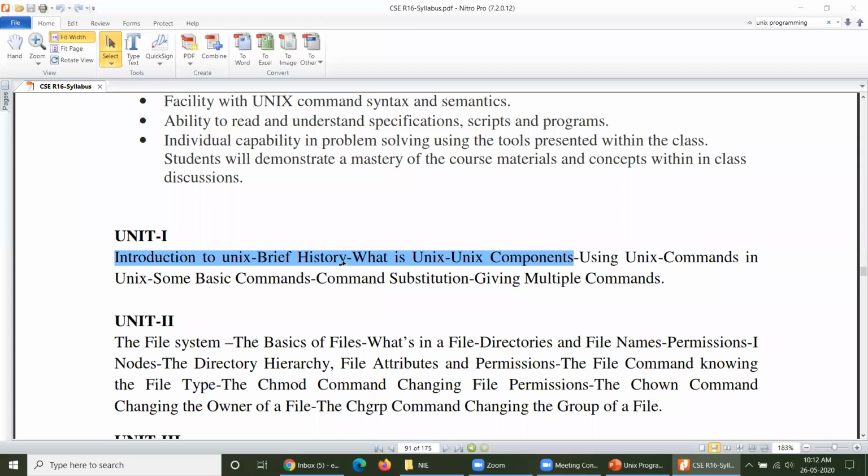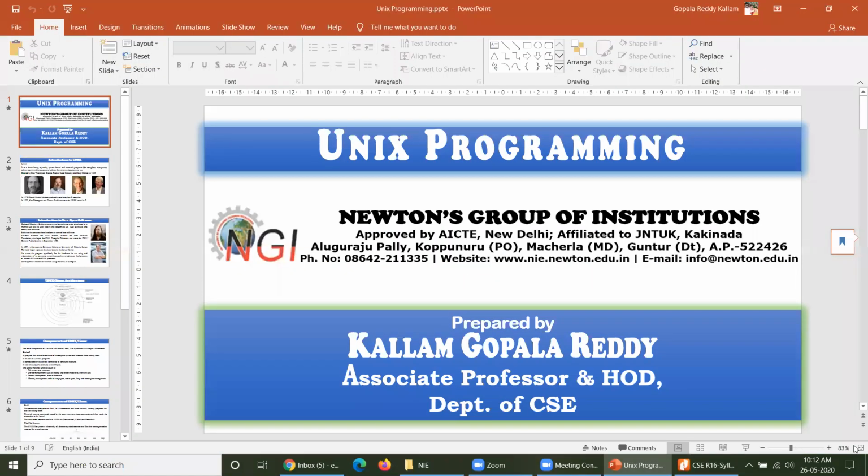So, free open source software: how free open source software emerged, who is the person responsible for emerging such free open source software, and how Linux emerged, how things happened and came into the real world. All these things you are supposed to learn after completion of this particular hour. So let's get started.